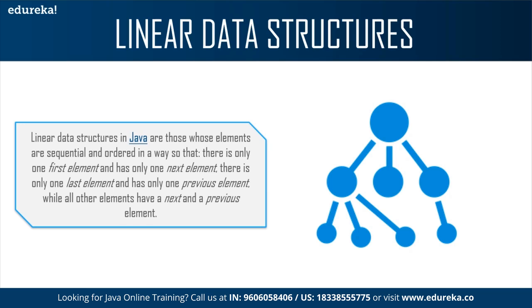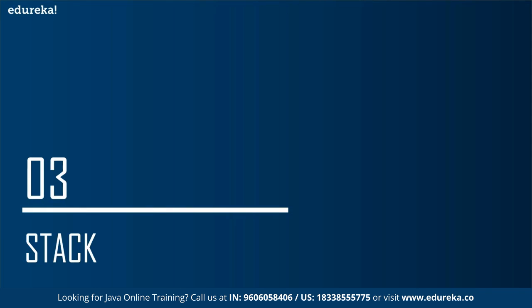So there cannot be any multiple previous elements or multiple next elements. Note that there is only one previous and one next element. Simple. So based on these categories, linear data structures are divided into stack, queue, and linked list.